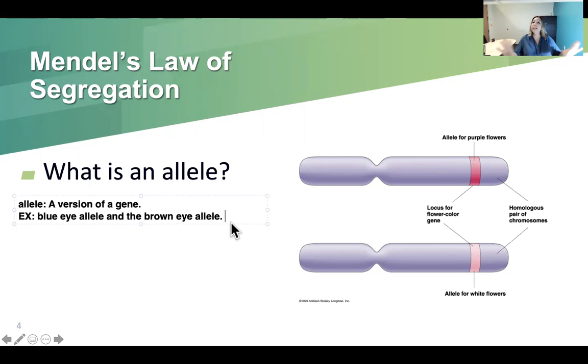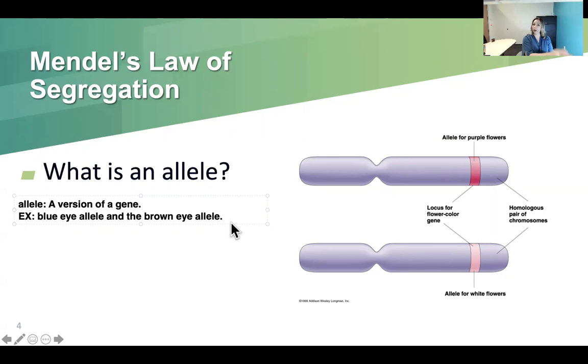For many of our genes, we have 2 different alleles. I say many because some genes have more than 2 alleles, like the gene that codes for blood type, for instance. Every organism has at least 2 alleles per gene.